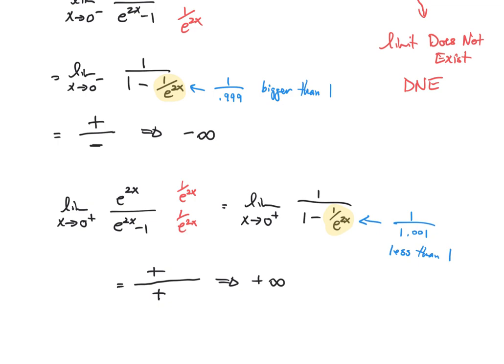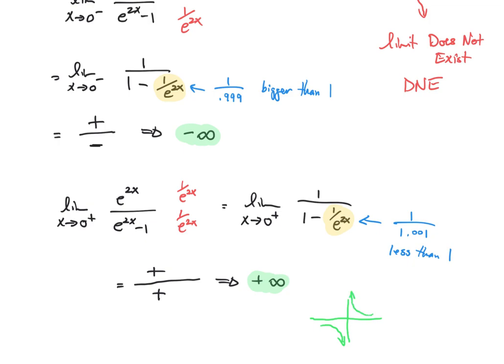All right. So let's piece this all together. When I come from the left, I get negative infinity. When I come from the right, I get positive infinity. If I were to put these two things together, what would that mean? You come from the left, you get negative infinity. You come from the right, you get positive infinity.